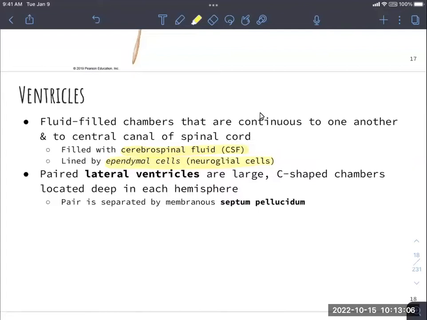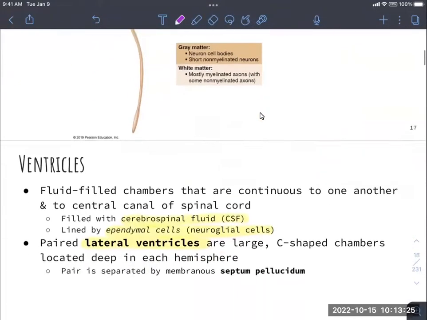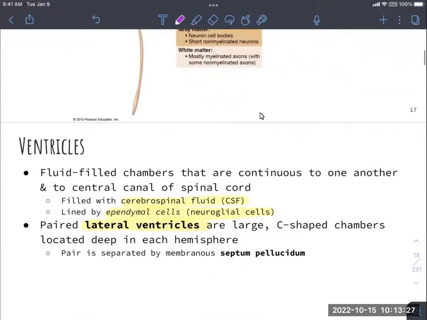Those are lining all of our ventricles. We have two lateral ventricles. Those are the ones that we see right here. We have one on each hemisphere, one on the right and one on the left.